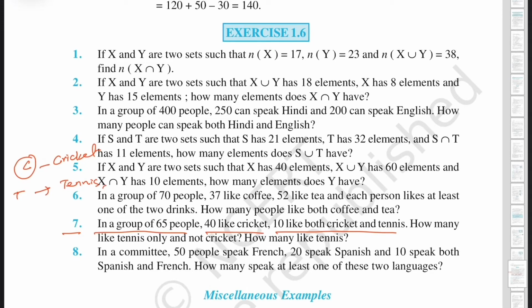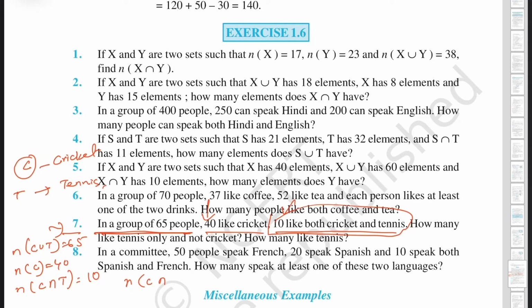Here you see, it is a group of 65 people, so n of C union T must be 65, and the number of elements in C who like cricket is 40, and the number of people who like both tennis and cricket, that is n of C intersection T, is 10. We need to find how many of them like tennis, that is the number of elements in set T.